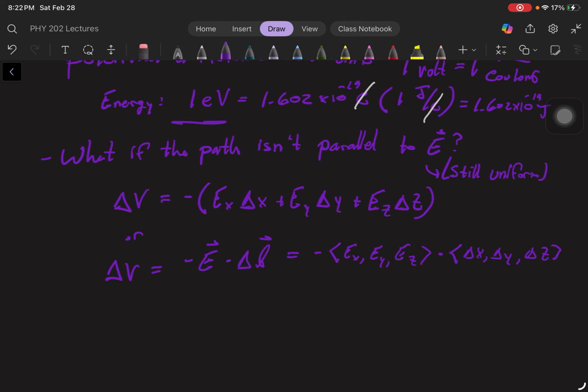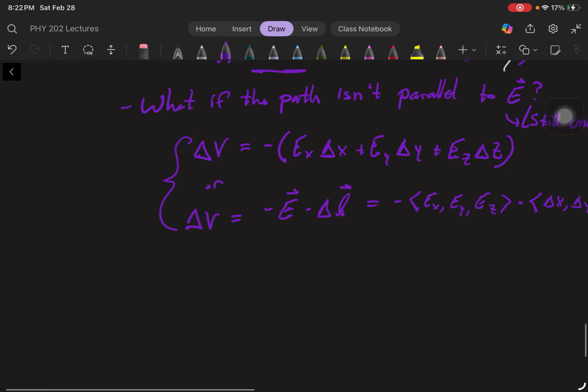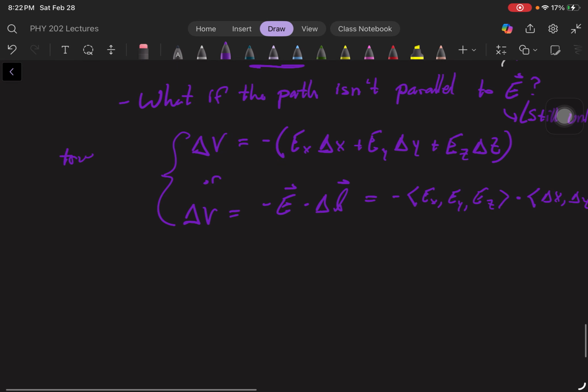Right, and so both of these are true for E constant, for uniform electric fields.